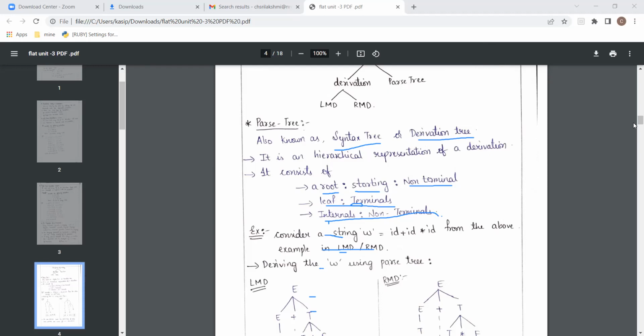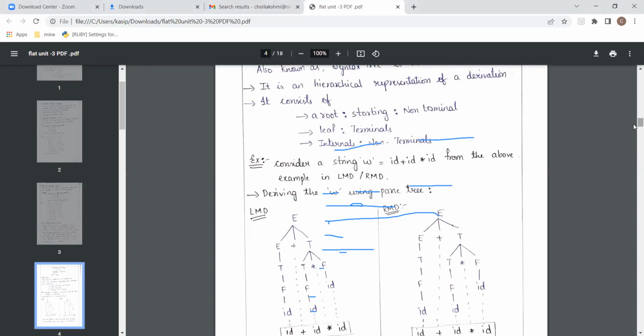Now I am taking an example: I have to derive the string id plus id into id.